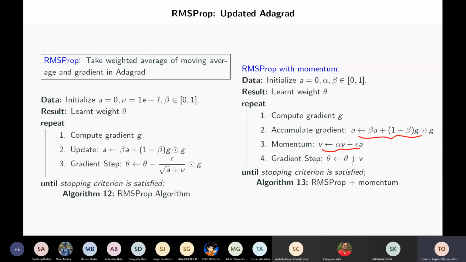So this is like a hybrid again. You may want to benefit from many things. That's the point. These are, I would say, intuitive overall, because it may not be guaranteed to work all the time. So you want to take advantage of acceleration, you want to take advantage of this, and your update rule is like this. This will be called RMSprop with momentum.